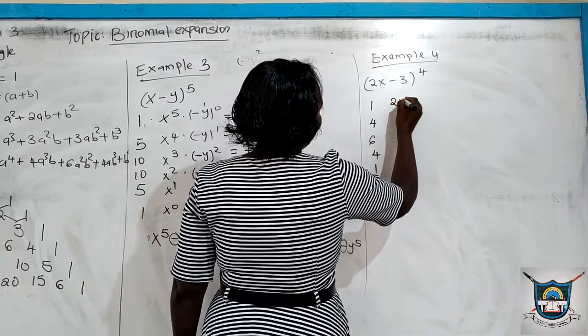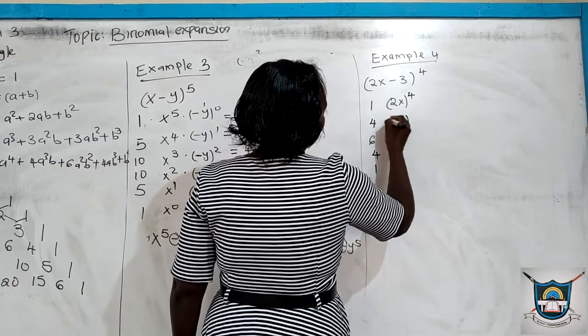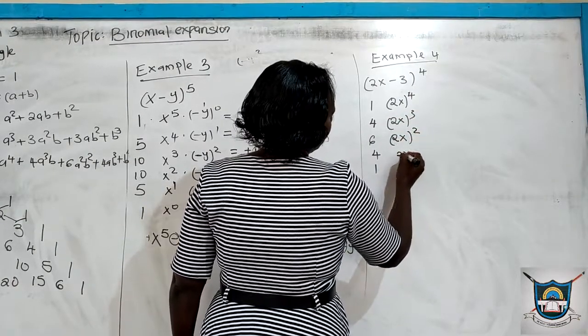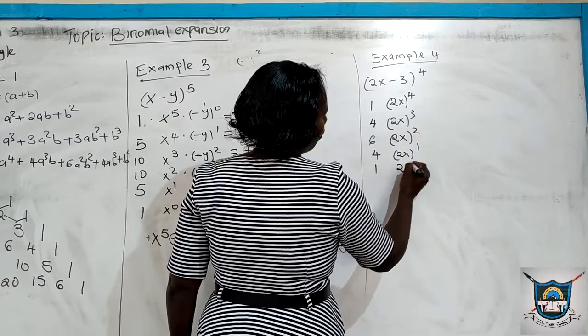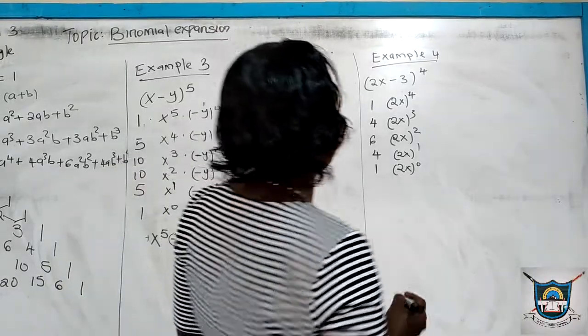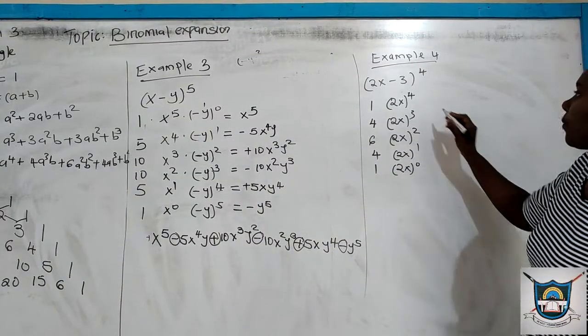We start with the first term: (2x) power 4, (2x) power 3, (2x) power 2, (2x) power 1, (2x) power 0. The bracket there is very important to avoid making mistakes when you are multiplying the power.